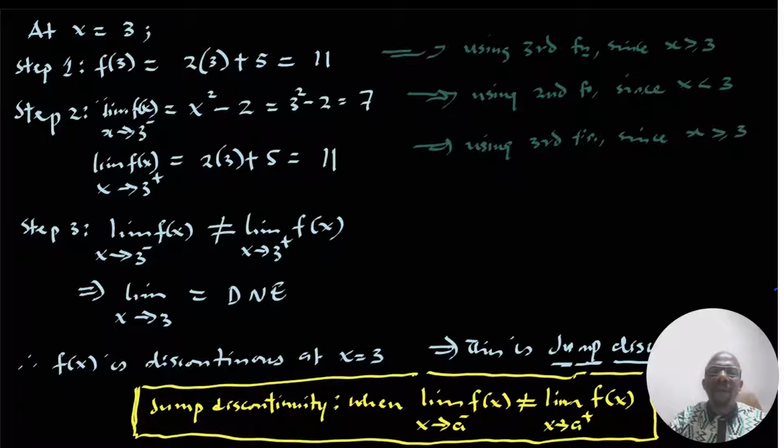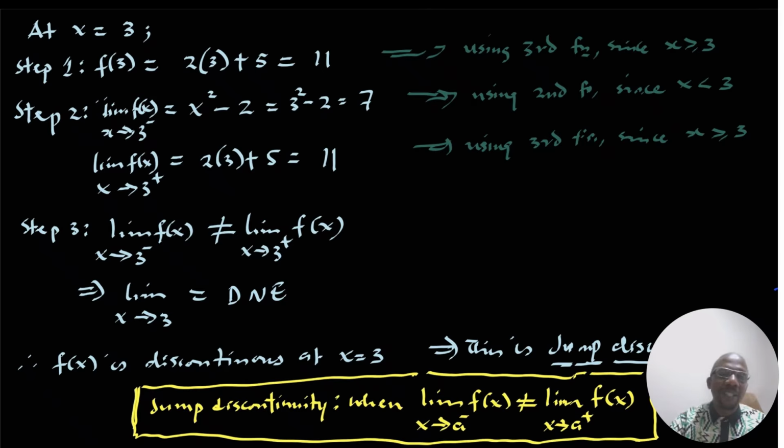You can see from the left side it equals 7, from the right side it equals 11. The limit of f of x as x approaches 3 from the left side and from the right side are not the same. This gives us that the limit as x approaches 3 from the left side is not equal to the limit of f of x as x approaches 3 from the right side.